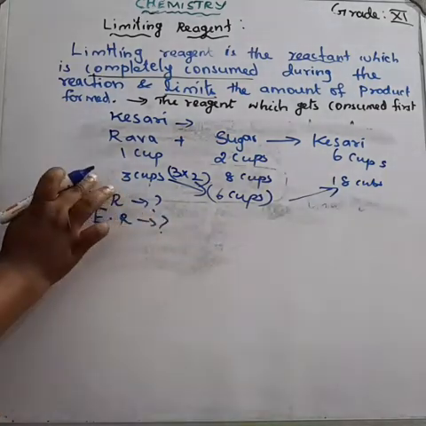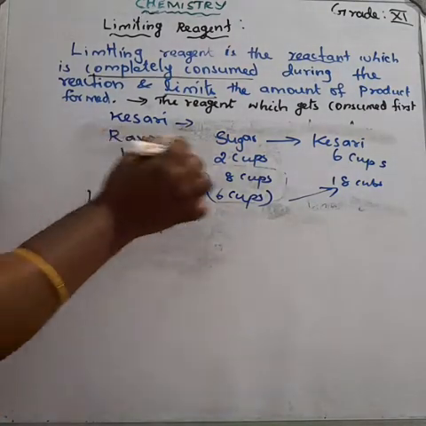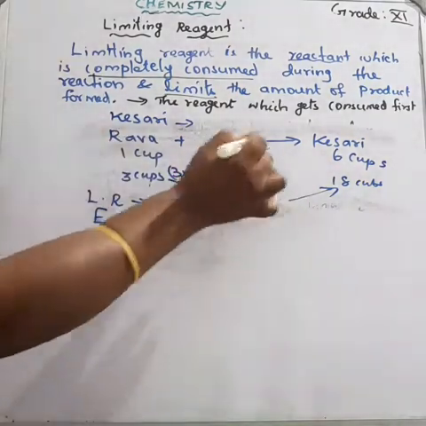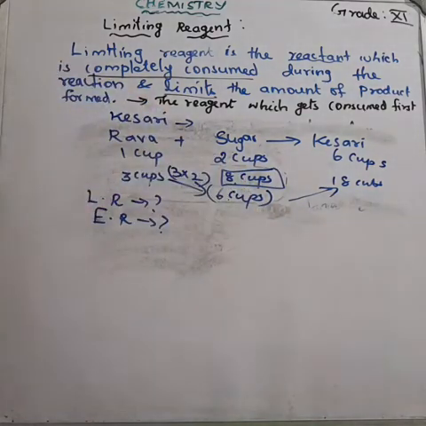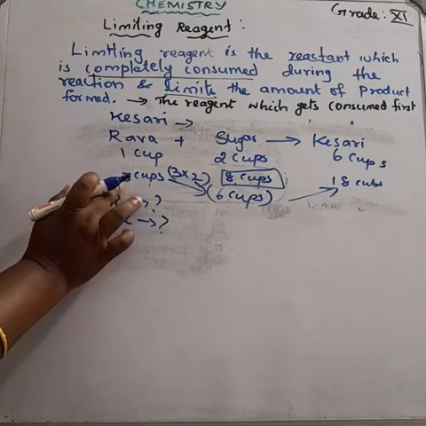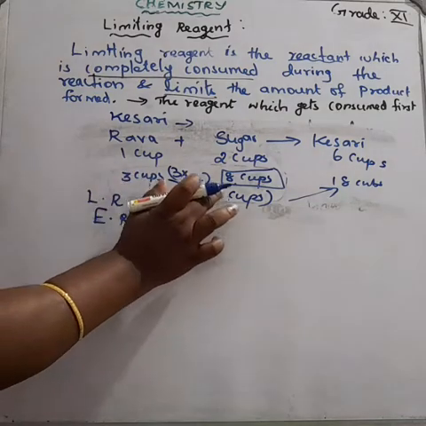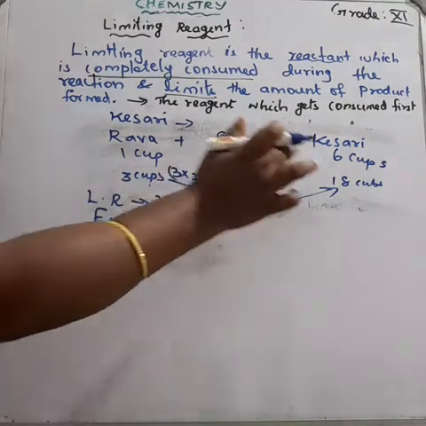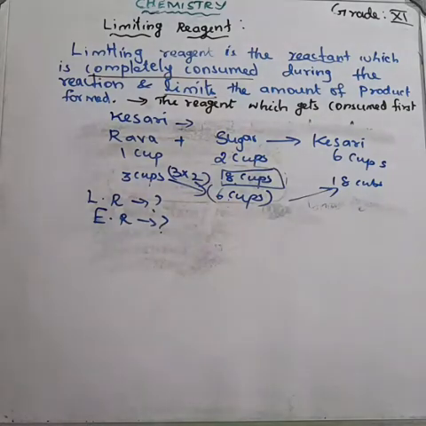But here we are using 8 cups of sugar instead of 6 cups of sugar to prepare 18 cups of kesari. So we get only 18 cups of kesari. 3 cups of rava added with 8 cups of sugar gives only 18 cups of kesari.